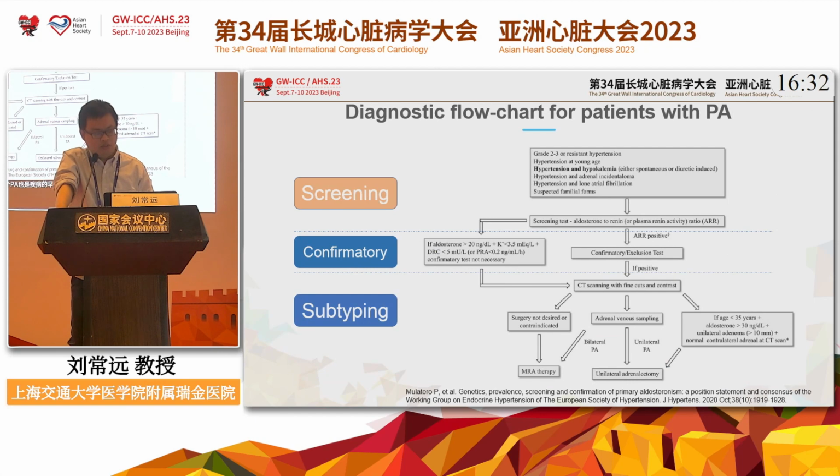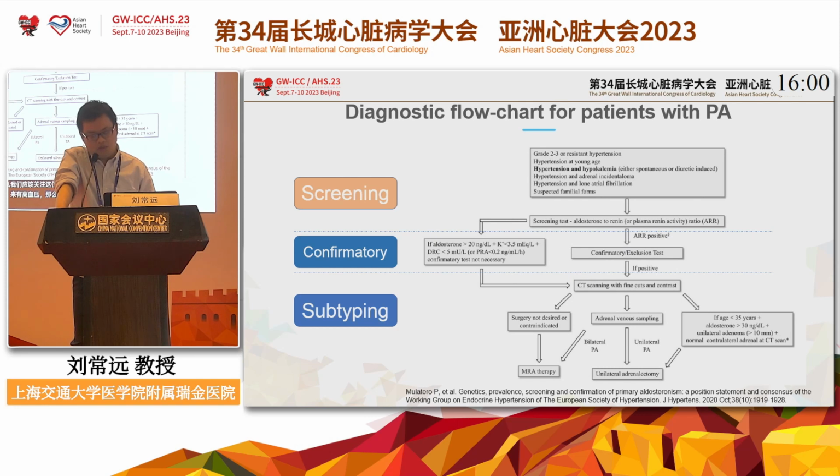This slide shows the diagnostic flowchart for patients with PA. I think the diagnosis and treatment of PA could be divided into three steps. First, screening. Attention should be paid to patients like grade 2 to 3 resistant hypertension, hypertension at young age, hypertension and hypokalemia, hypertension and adrenal incidentaloma, and hypertension and long atrial fibrillation.